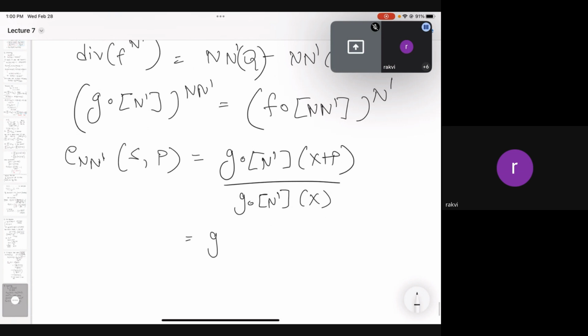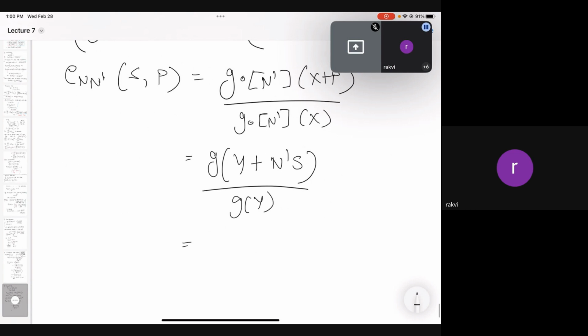And this is g applied at y plus n' of S over g(y). And this is nothing but e_n of n' S applied at P.